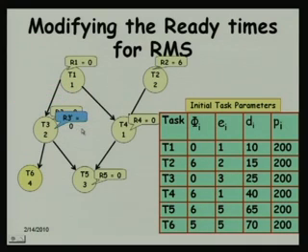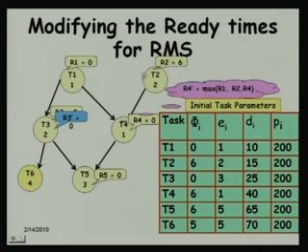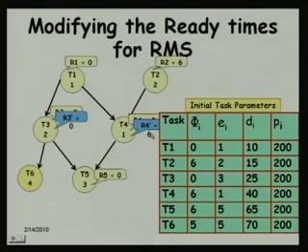So this is equal to 0. Now, for R4 it will be the maximum of this and this 3, right, which is equal to 6, is it not? So make it equal to 6. Now, what about T6? It will be having a phase of 5. So it will be the maximum of 0 and 5. See, we are modifying the ready times.